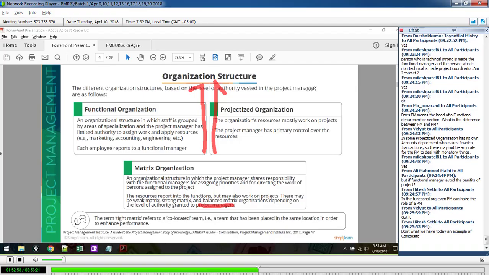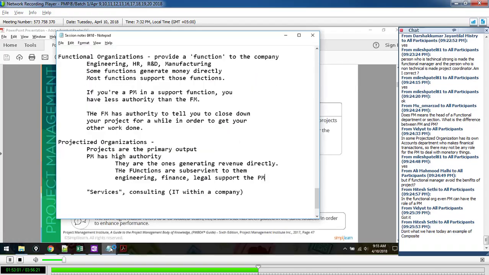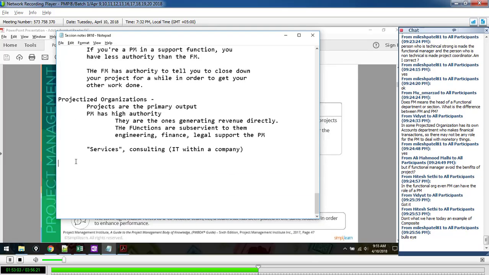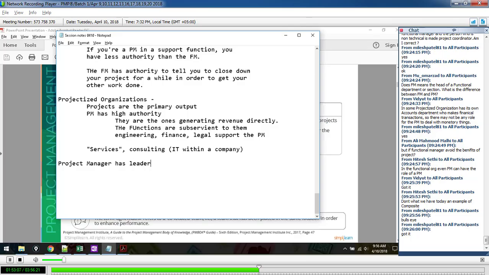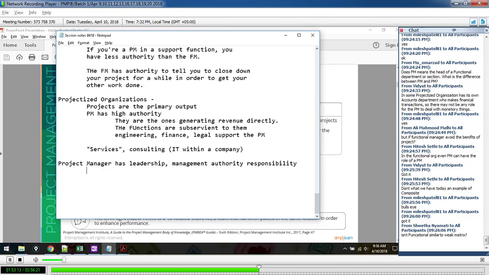Now, let's get these things straight, okay? Project manager has leadership, management, authority, and responsibility of a project, right?